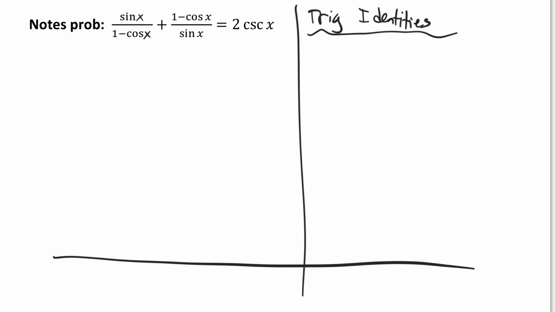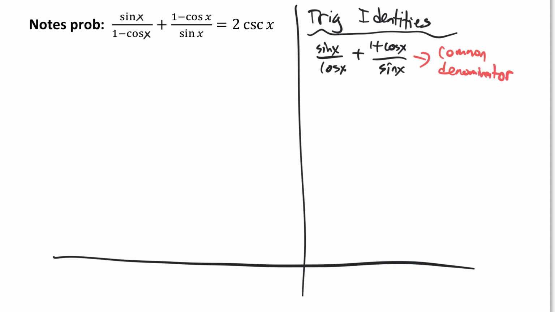One is if we have something like sine x over cos x plus 1 plus cos x over sine x. It might be nice to do a common denominator. It's a good skill to make the denominators common, because it helps out sometimes.